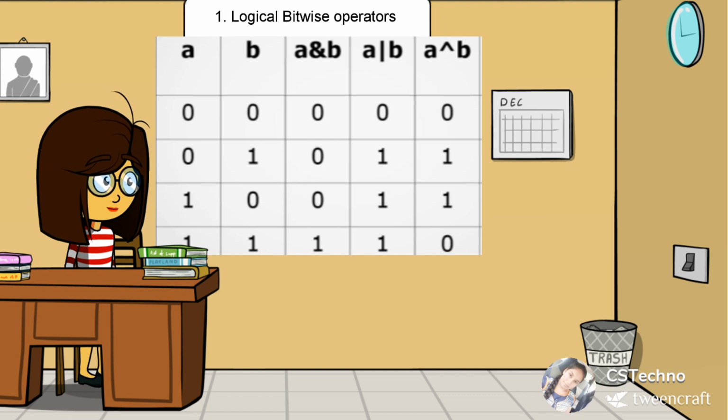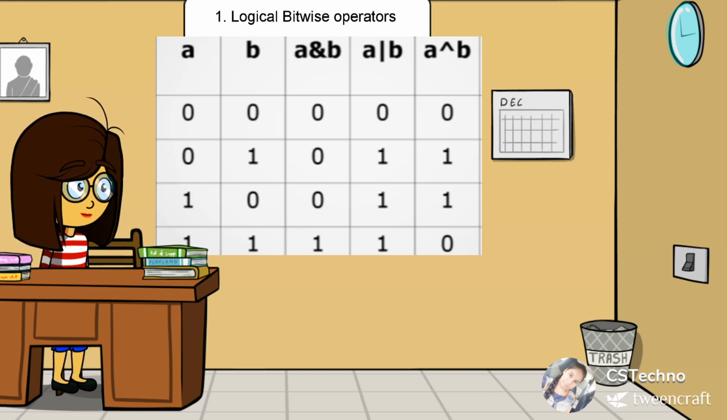Now listen, we have two operands A and B. First we will see the operations of the AND operator. The rule of the AND operator is that it returns true only if both operands are true, which means 1. Now A and B are 0, which means false. So the AND operator returns the value false.